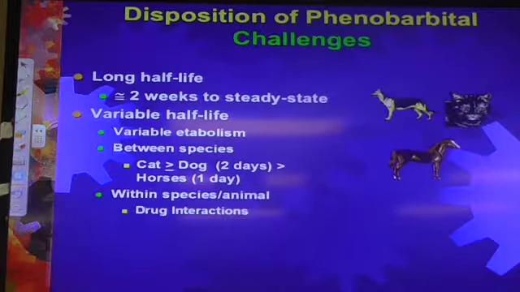Phenobarbital is going to auto-induce. It's going to turn on the liver, and its own metabolism is going to increase, and the half-life can get very short. We've seen half-lives go from 48 hours to 12 hours in a dog on phenobarbital. And that means the dog goes from accumulation to fluctuation. Is that making sense? So that's part of the reason we always want trough concentrations, because we don't know what that half-life is going to be.